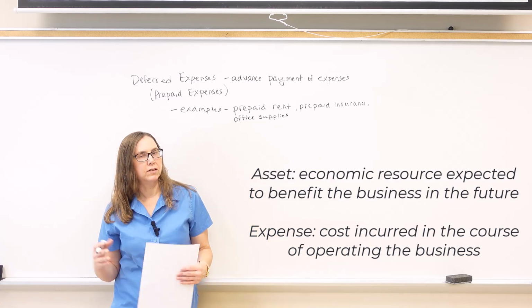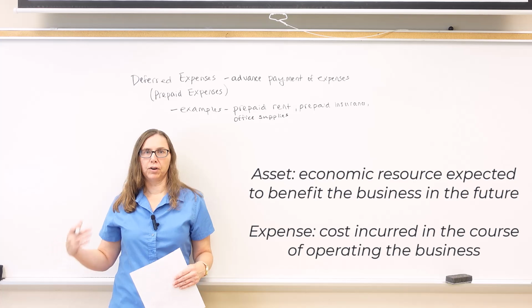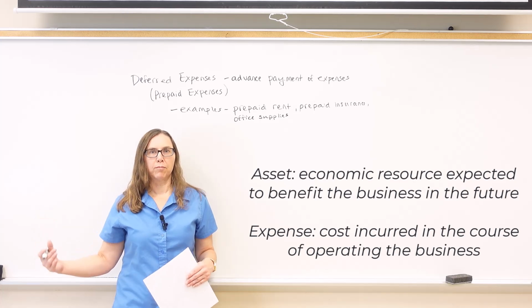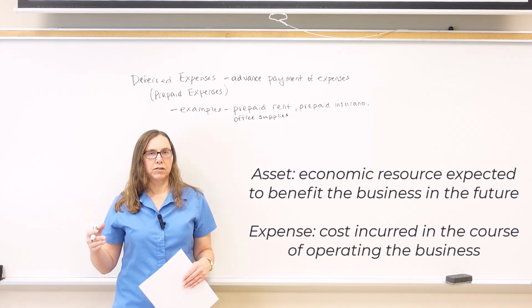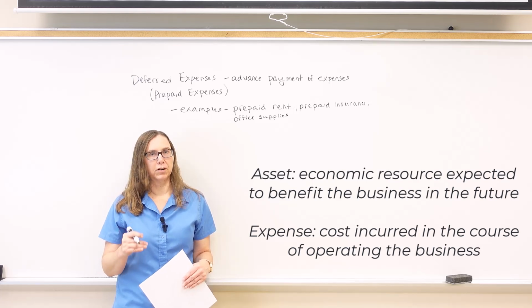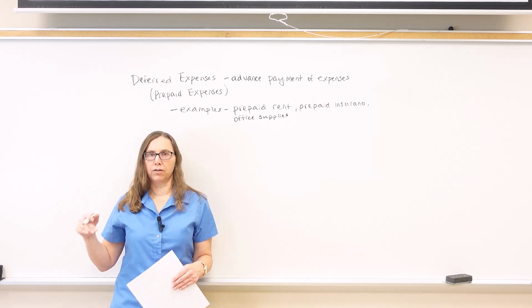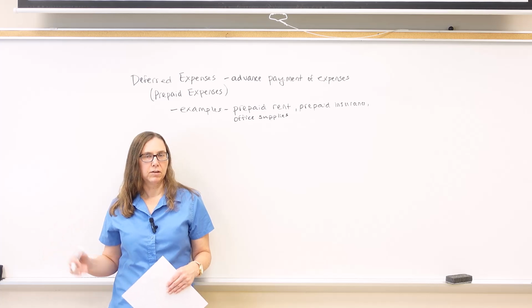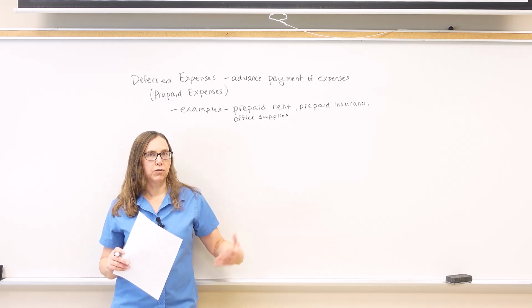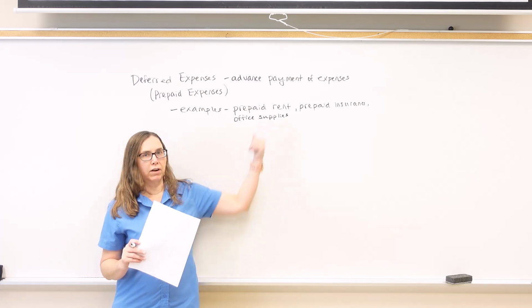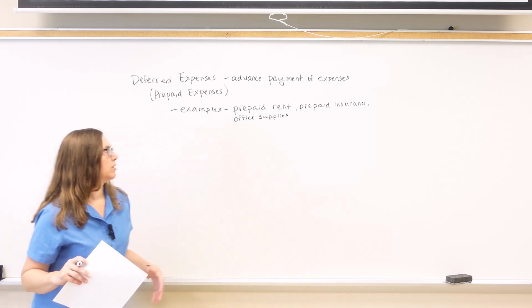And then an expense is more of something you use up, or a cost of operating the business. Usually expenses are things you've already incurred or you're incurring in the current period. So if you're paying rent for the current month, that's rent expense. Whereas if you're paying rent in advance for future months, that's prepaid rent. So that's the difference here.